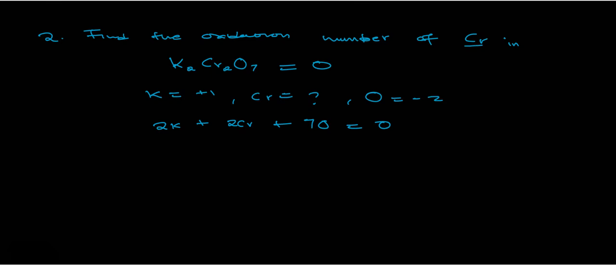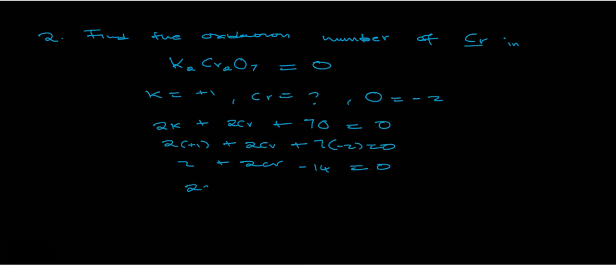We equate to 0. This, we have +1 plus 2 chromium, we don't know, plus oxygen at -2 is equal to 0. So 2 plus 2 chromium, and 7 times -2, we have -14 is equal to 0.